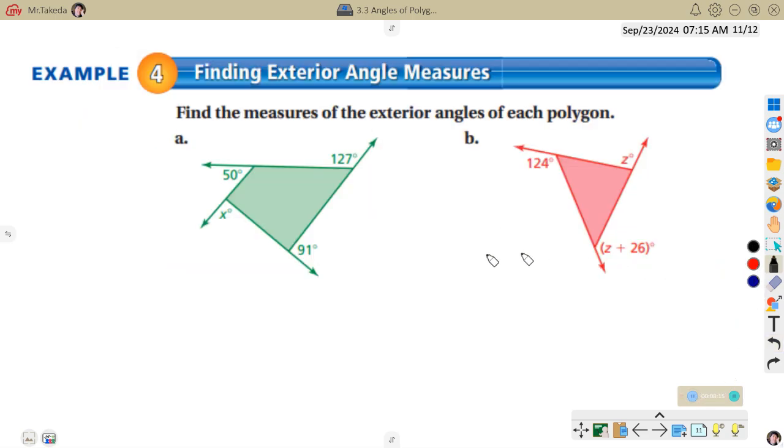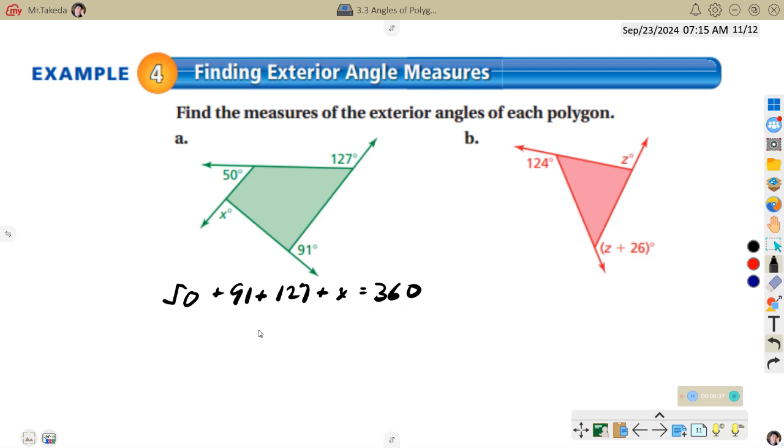And so we have, what do we have here? A quadrilateral here, and they've labeled 3 exterior angles as 50, 91, and 127. But I know plus x will equal 360.